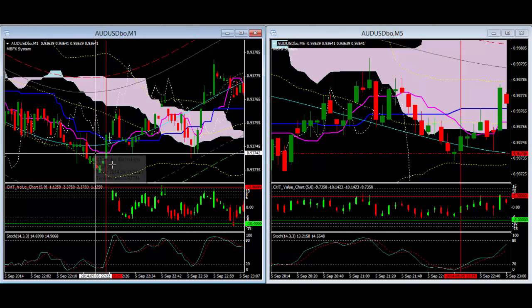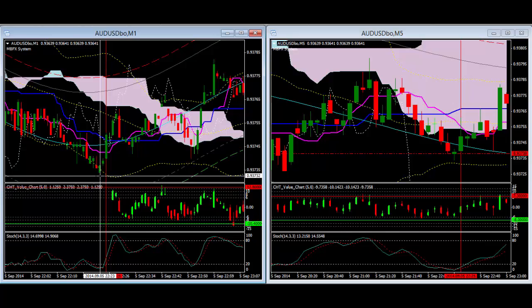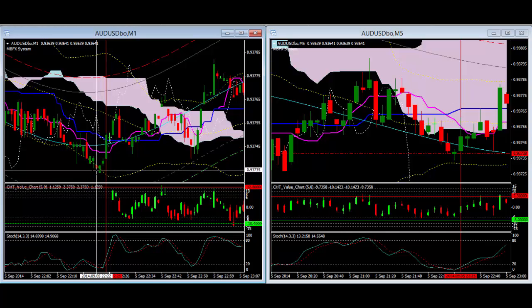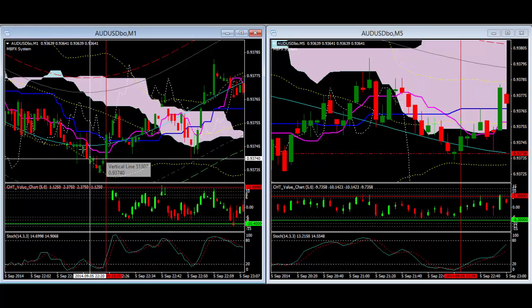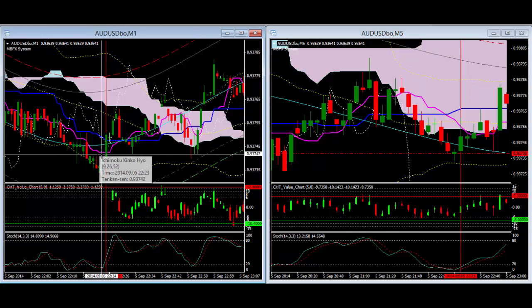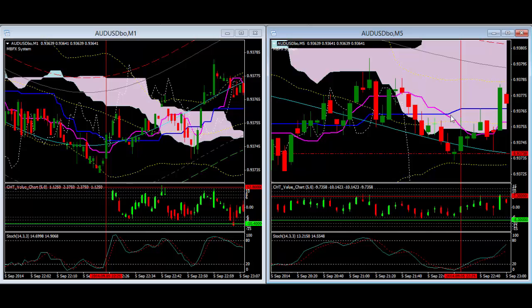So price came down too much. I might not have taken a trade in this direction, like a call, because Tenkan is somehow at an angle and Kijun is at an angle. Plus, on the 5-minute chart, Tenkan is below Kijun, like they are both in the same direction.